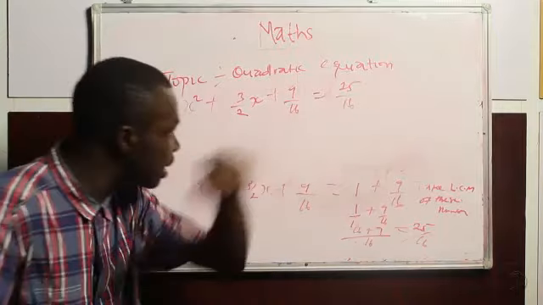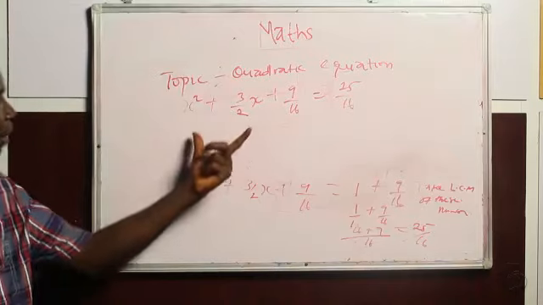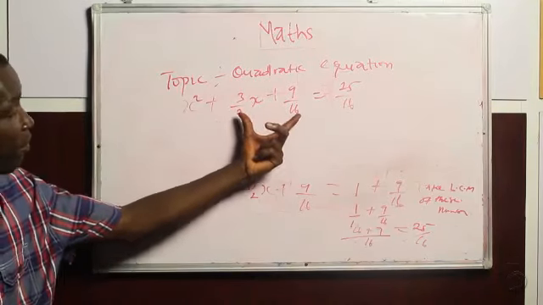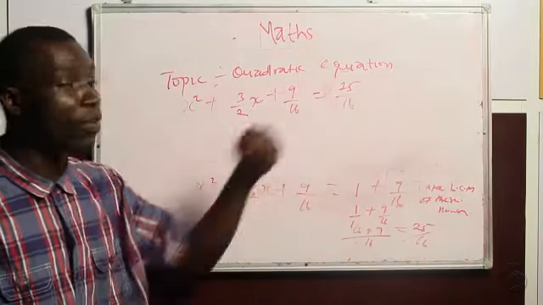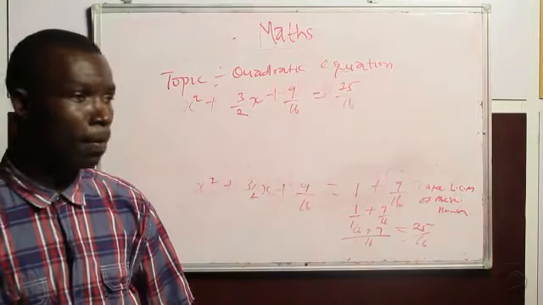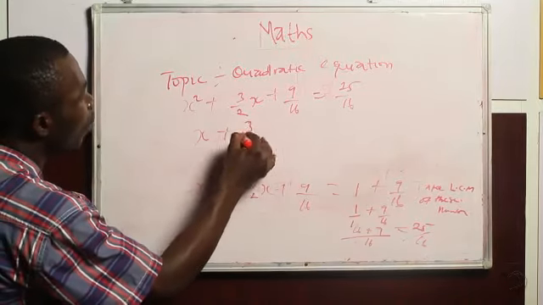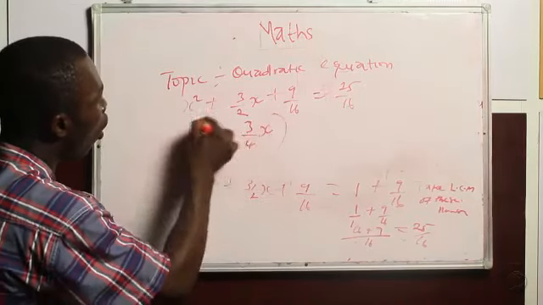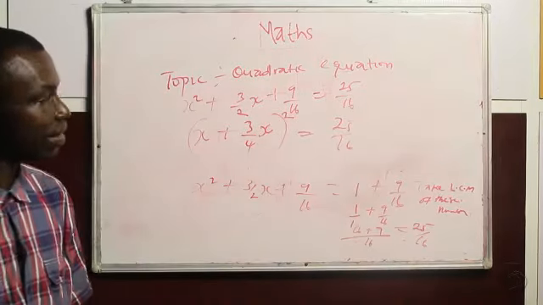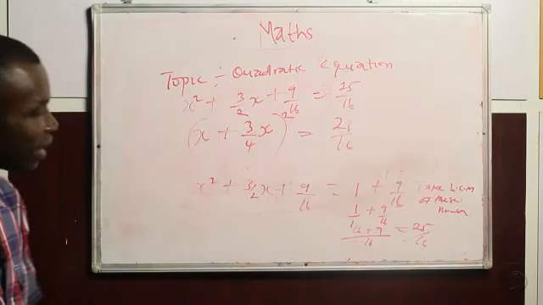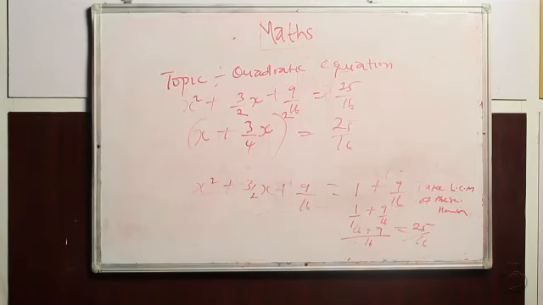How do we get this answer? By factorizing this equation and equating it to 25 over 16. By factorization method, we have (x plus 3 over 4) all squared equal to 25 over 16.